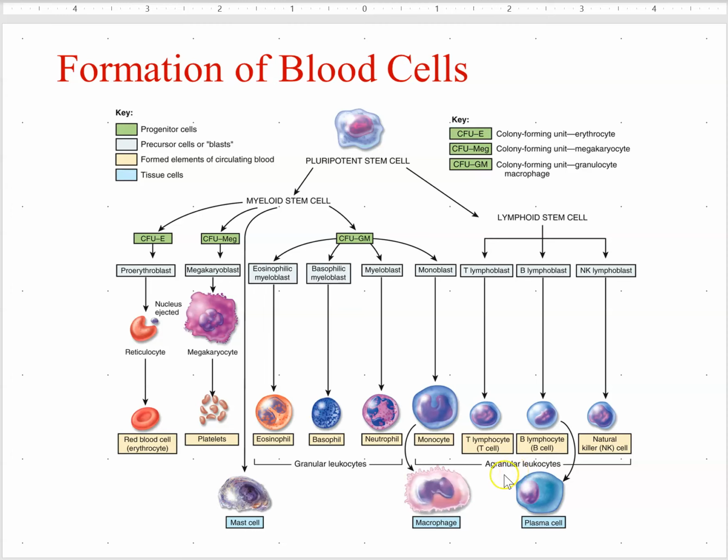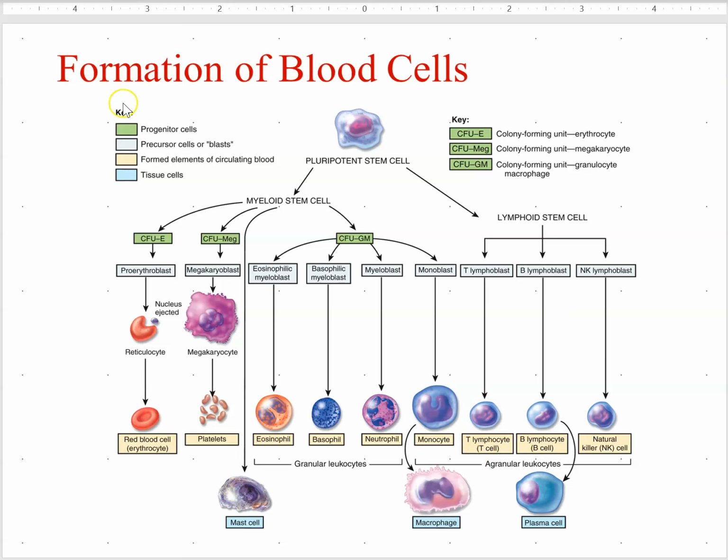And B cells specifically, they get matured in the bone marrow, and that's why they are called B lymphocytes. And then you have T lymphocytes that mature in the thymus of the body.